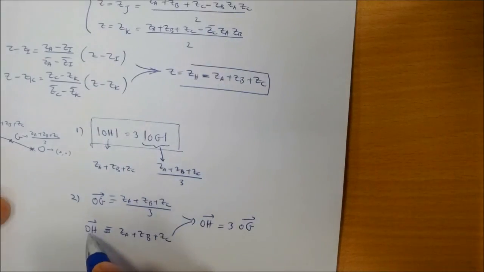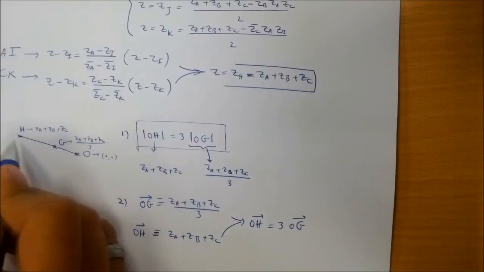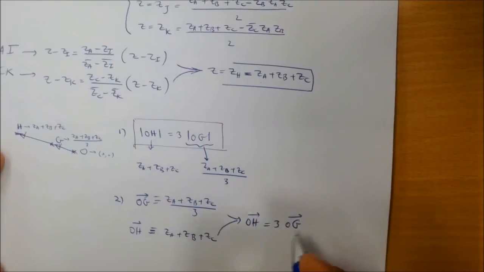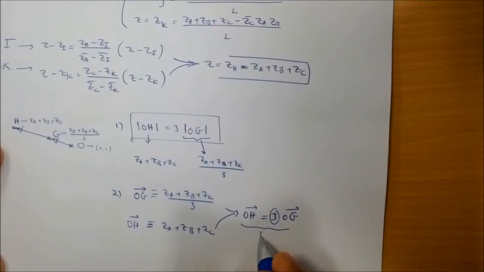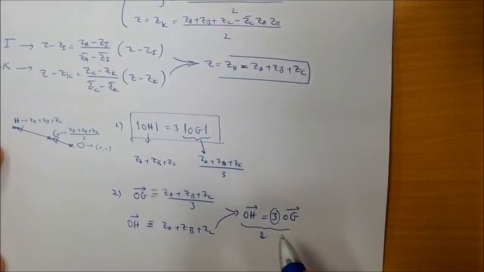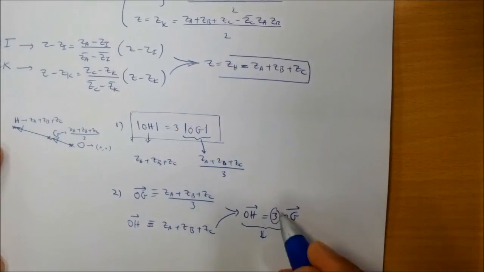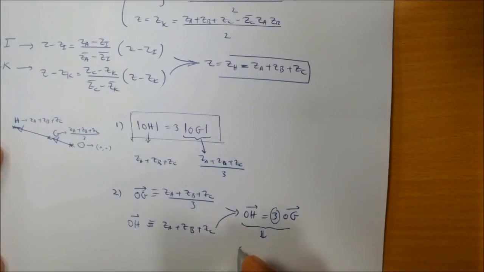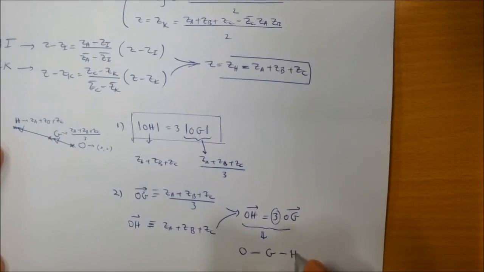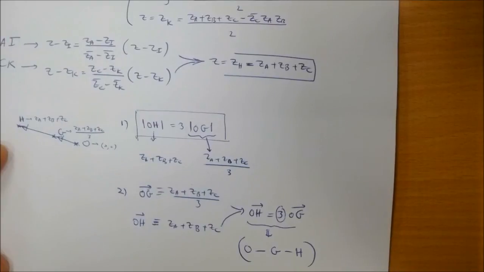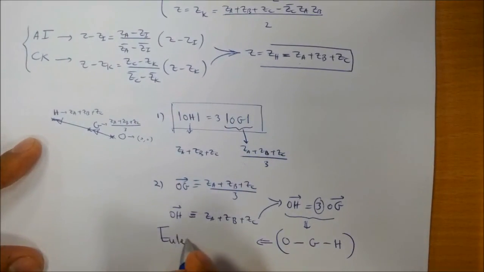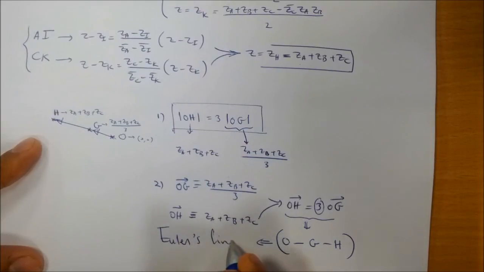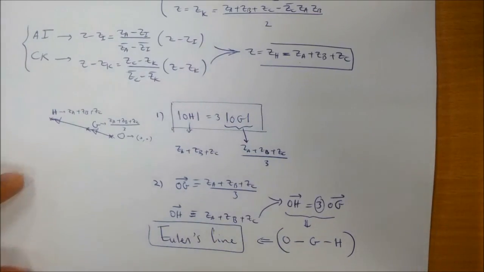So the vector OH is a real multiple of the vector OG. The real multiplication corresponds to dilatation or contraction. Here is the dilatation. So the points O, G, and H are collinear. And the line which connects these 3 points is called the Euler's line of the triangle ABC.